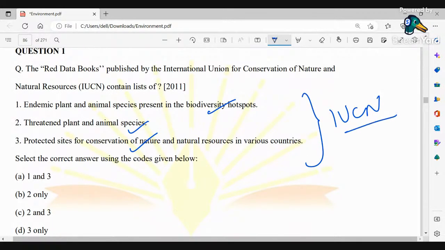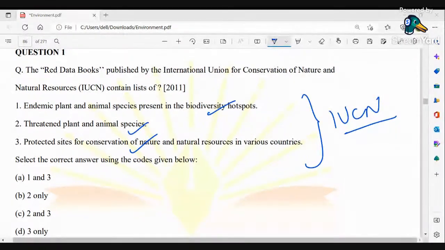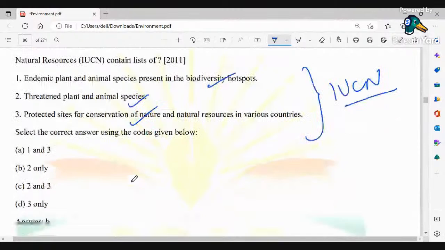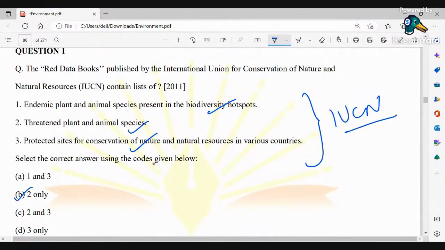Anyone with the correct option of question number 1? D, B, okay. Any more answers? Okay, so here the correct answer is B, that is only threatened plants and animal species.